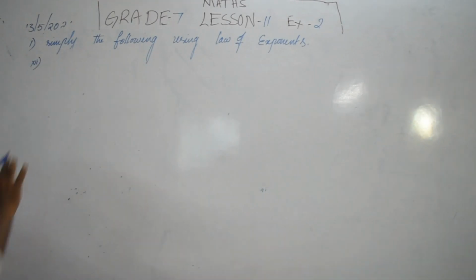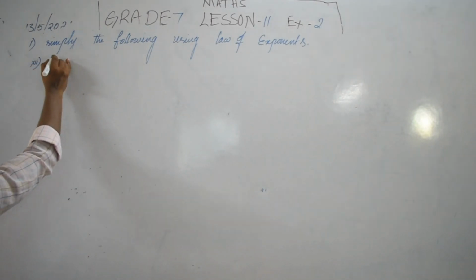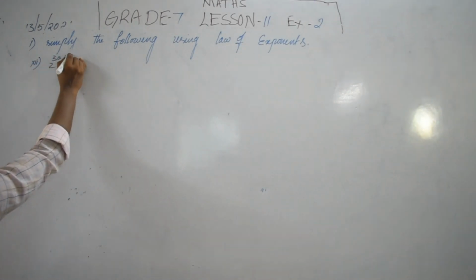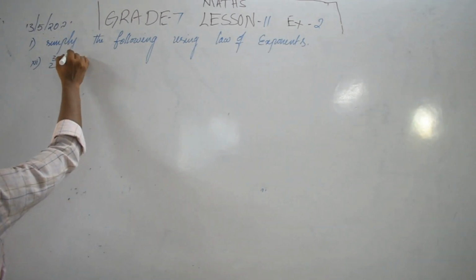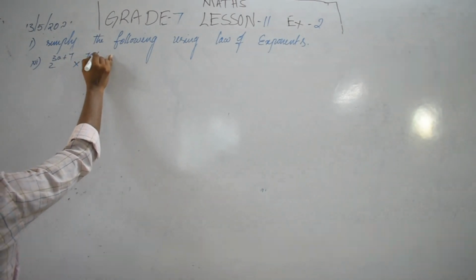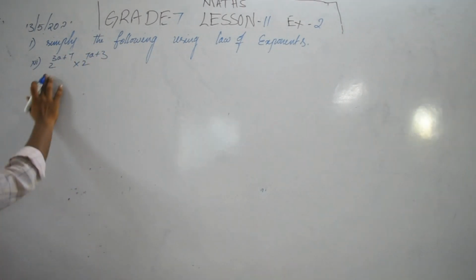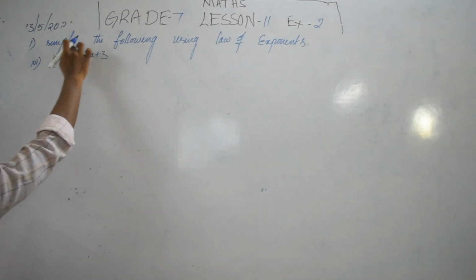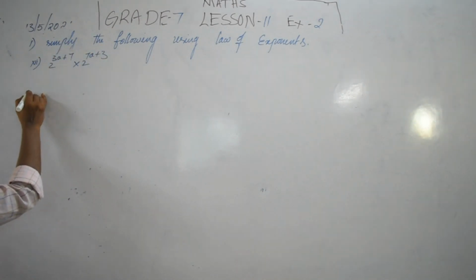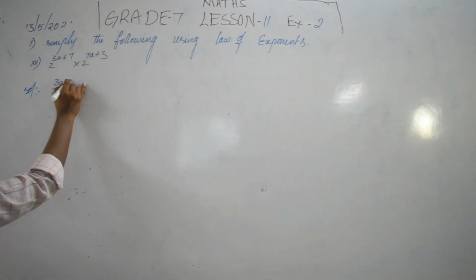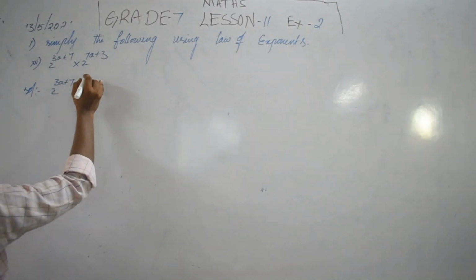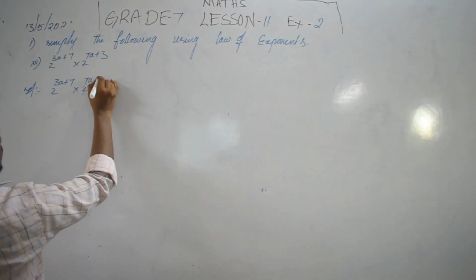12th one. Here see, 2 power 3a plus 3 multiplied by 2 power 7a plus 3. Bases are equal, powers are added. 2 power 3a plus 7, multiplied by 2 power 7a plus 3.